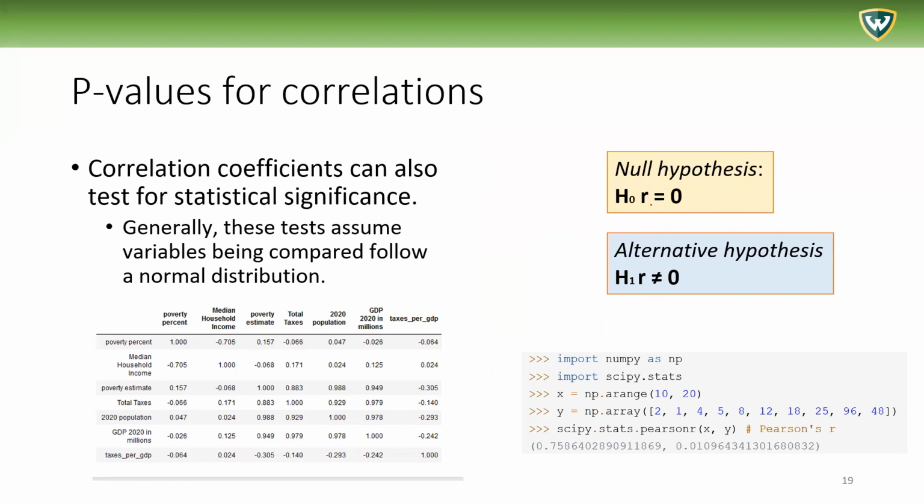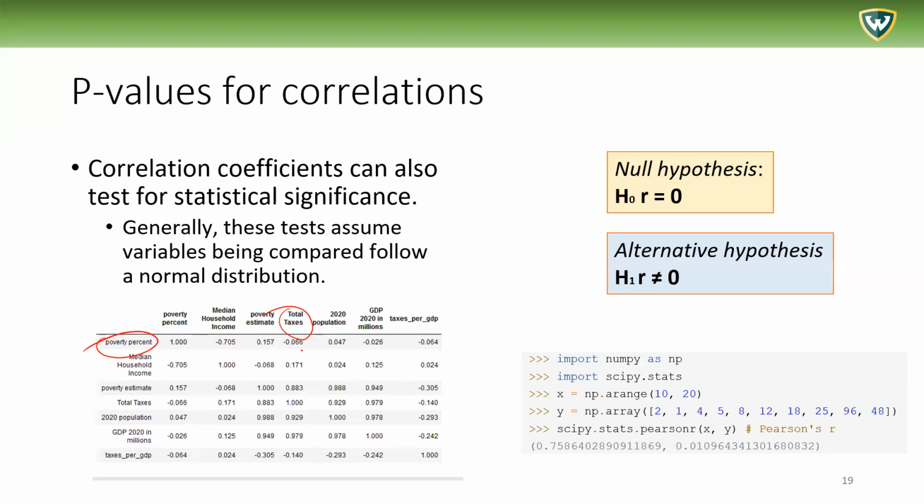So we're assuming that two variables, let's say, as we're looking into poverty percent and total taxes of a state, the percent of people in poverty and the total tax of a state, let's just assume that they are not correlated. That's the null hypothesis. But the alternative hypothesis then would be, no, they are correlated. So the correlation coefficient is equal to 0 in the null hypothesis, or different than 0 in the alternative hypothesis.